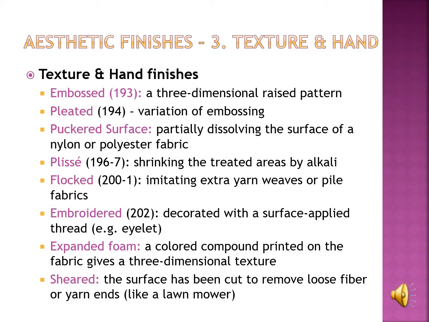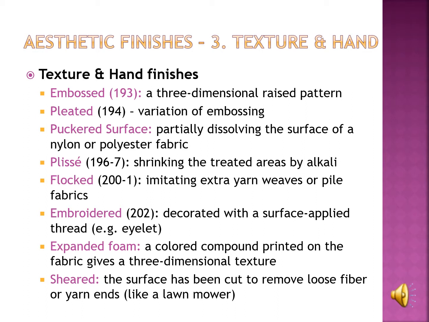In terms of aesthetic finishes, fabrics can also be manipulated so that the texture and hand can be improved. The best way to really get an idea of all of these different types of finishes is to go look at them in your kit, feel them, and get a visual idea of what we're talking about here. But you'll see embossing again, which is that raised, three-dimensional pattern.